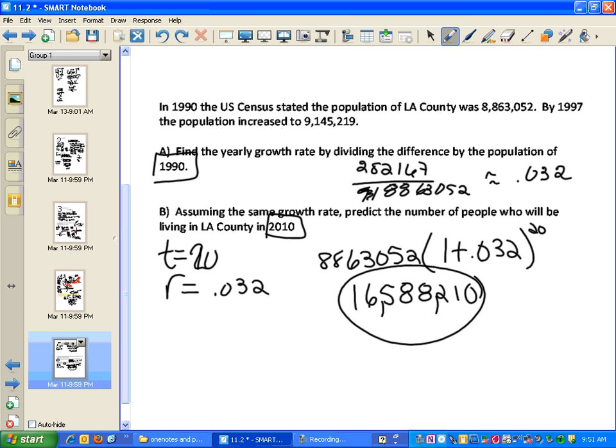I got 166, 40916. Is that right? And have we increased? Yeah, we almost doubled it, didn't we? Can you have 0.96 of a person? Not the last time I checked. You can have 0.96 cents, but not 0.96 people. You could talk about a lot of pregnant people, but. All right, are we good?